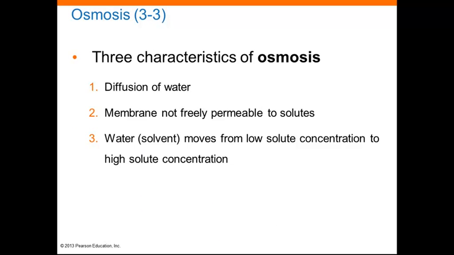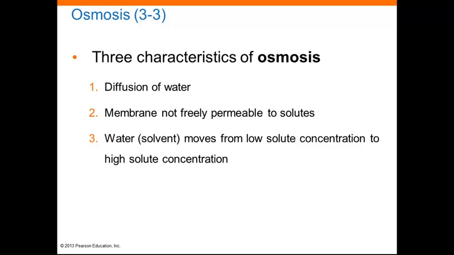So speaking of diffusion of water, that is called osmosis. So water creates this special case of diffusion called osmosis. And in our body, water is probably the most common solvent in which other substances called solutes are dissolved. So there's three characteristics of osmosis. The first is the diffusion of water molecules across a selectively permeable membrane.